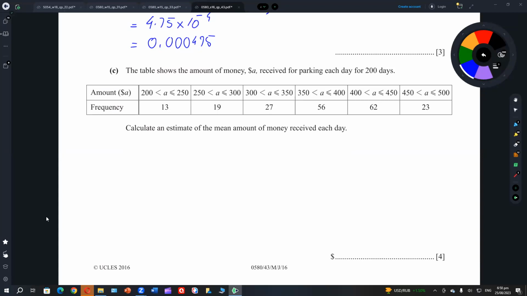Even though this question is not related, as the time is finishing, we can try to do this question as a link question. It's a question on mean and it's grouped data.